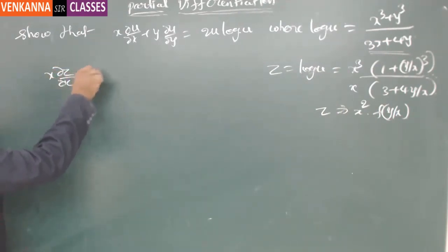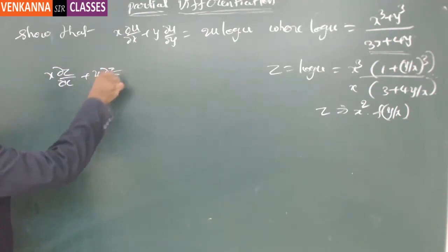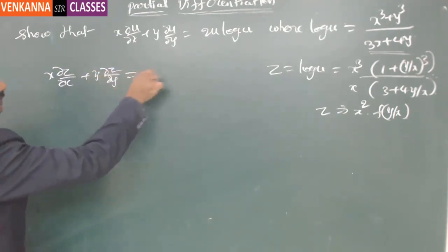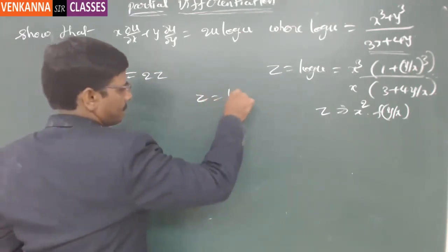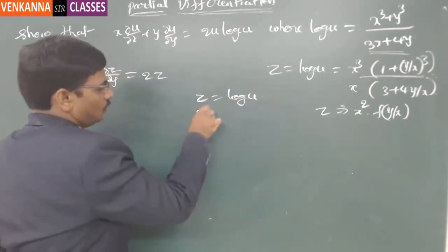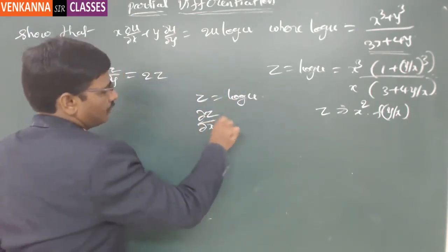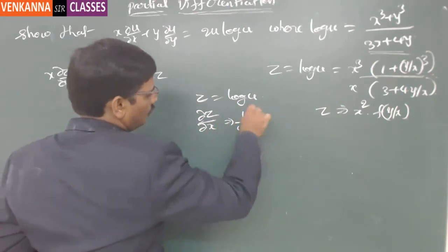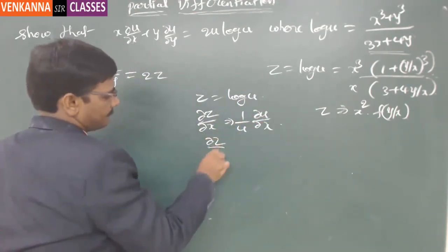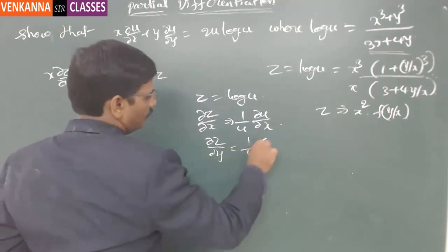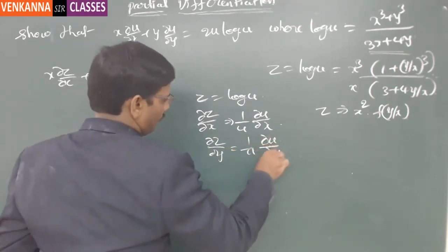plus y ∂z/∂y is equal to 2 times z, but z is equal to log u. It implies ∂z/∂x is equal to 1/u ∂u/∂x, and ∂z/∂y is equal to 1/u ∂u/∂y.